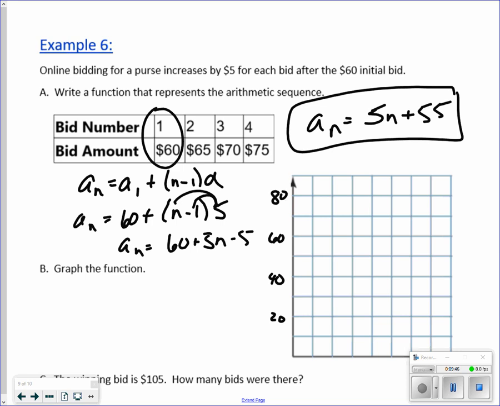So 1, 60, way up here. 2, 65. 3, 70. 4, 75.